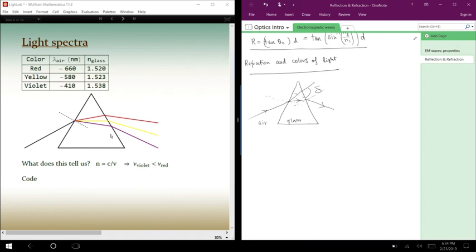And so the effect of this is that when a ray of white light, meaning light that contains all visible colors, enters into glass, it splits up into different colors because the different colors move at different speeds. So they bend relative to the normal at different angles. And so these split up, and when they exit out of the prism, it's the same case.